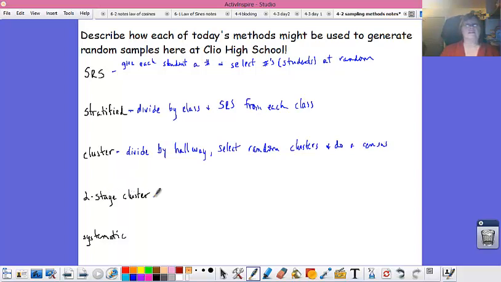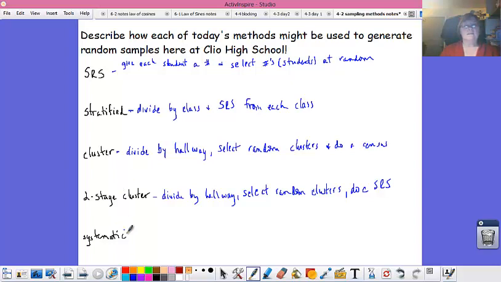If we wanted to do a two-stage cluster, we would divide by hallway, perhaps. We'd select random clusters, and then do an SRS in each cluster that was selected.